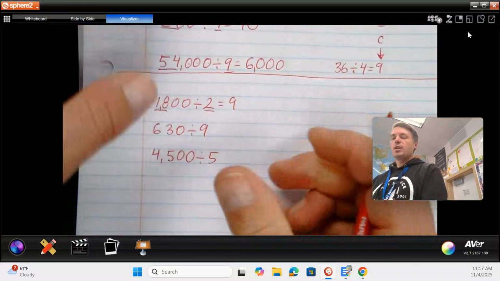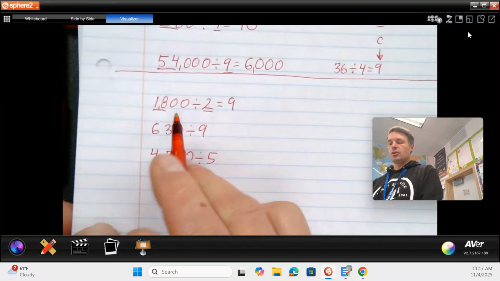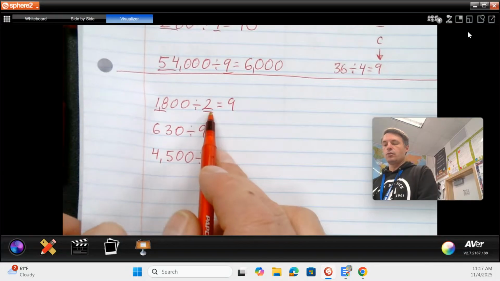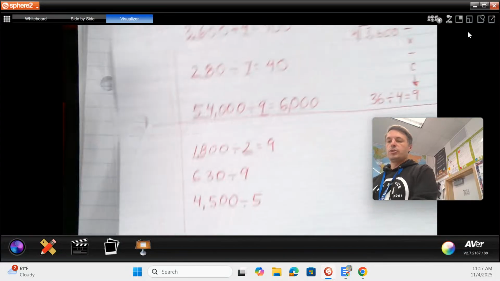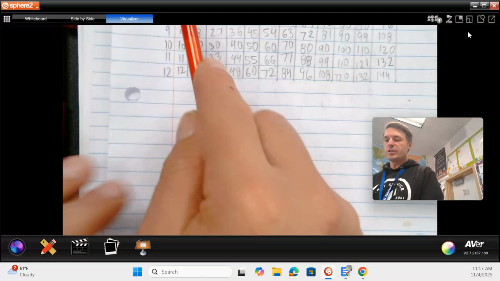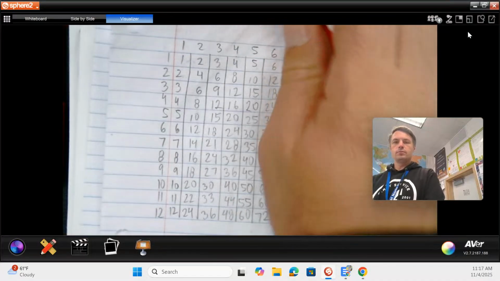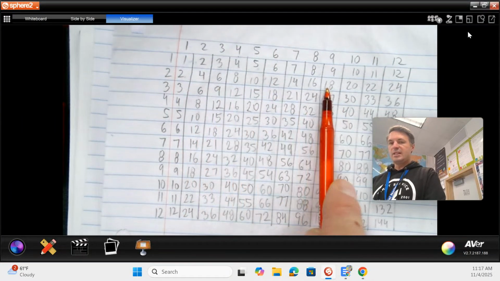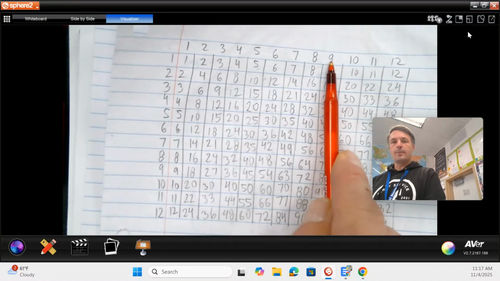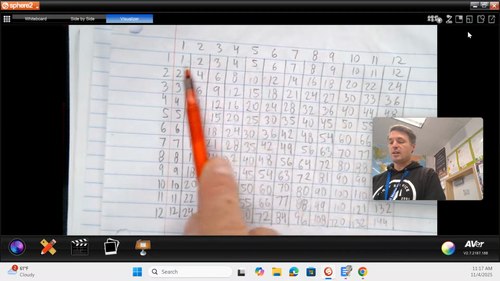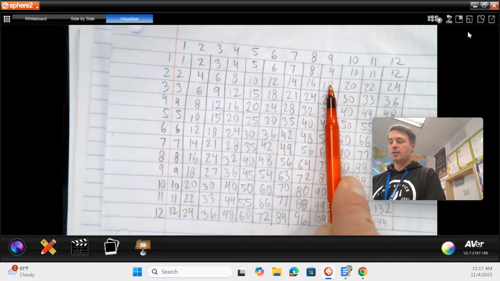And by the way, you can use your times table chart for that. Look, 18 divided by 2. All you have to do is go to 2, go to 18, and go straight up. 18 divided by 2 equals 9, since 9 times 2 equals 18.